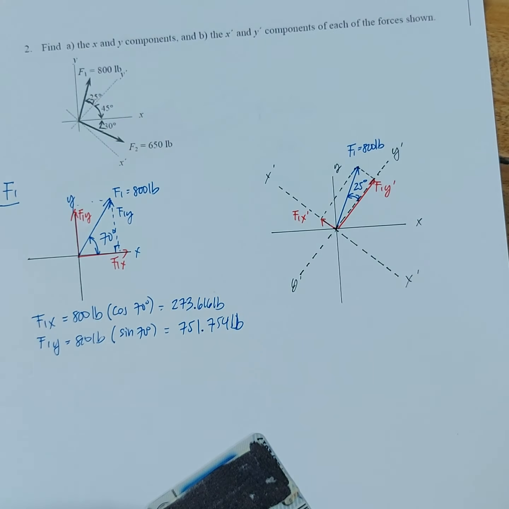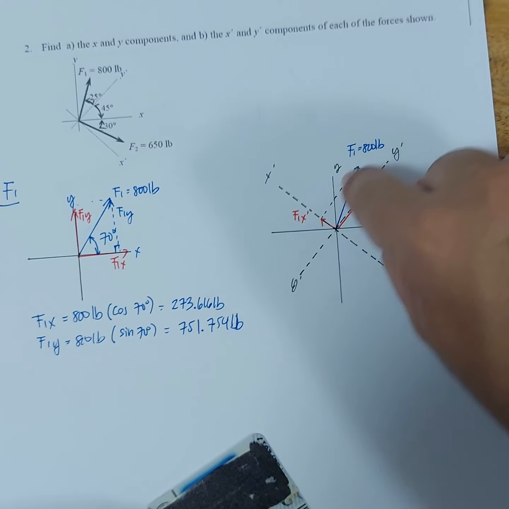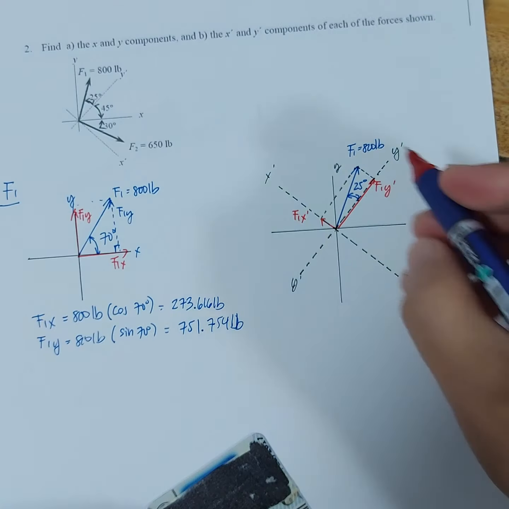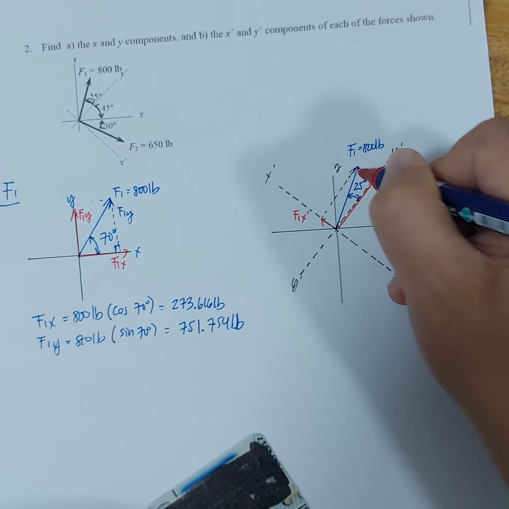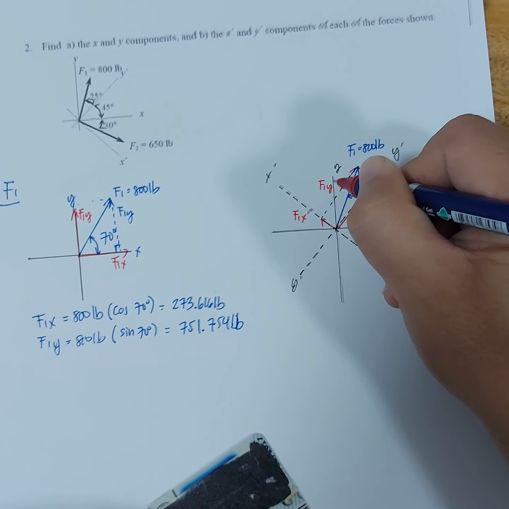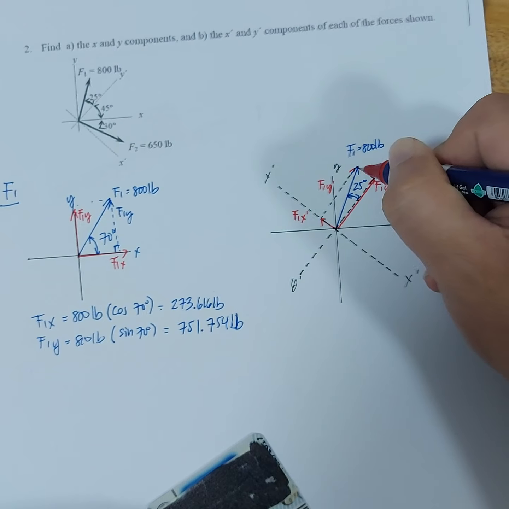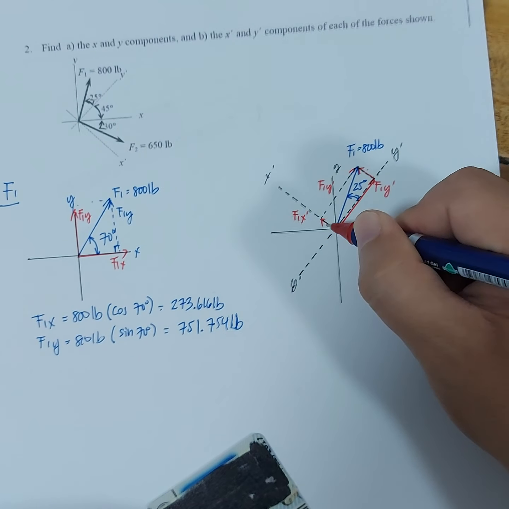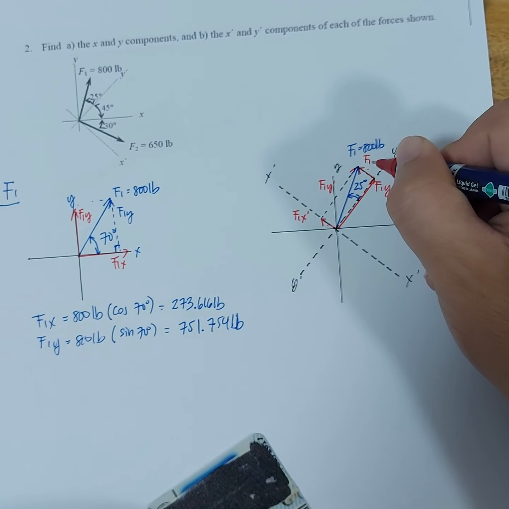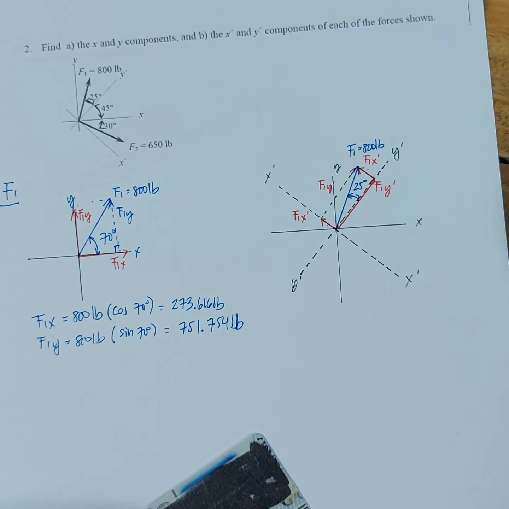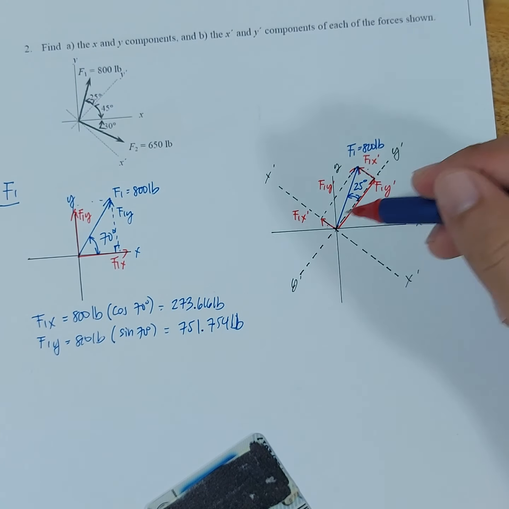So since we're using the parallelogram law, F1y prime is parallel siya dito. So the same din ito, yung magnitude and direction. So this is also F1y prime, itong side na to. Ganon din dito. Parallel. So same magnitude, same direction. So this is also F1x prime.